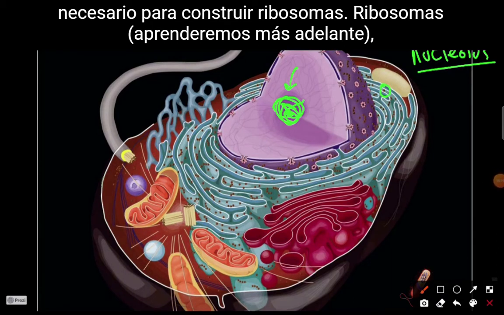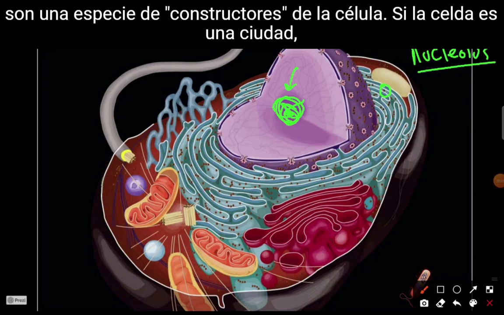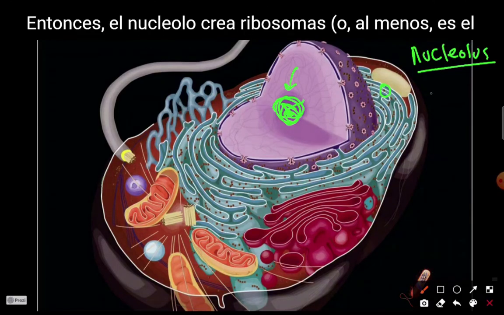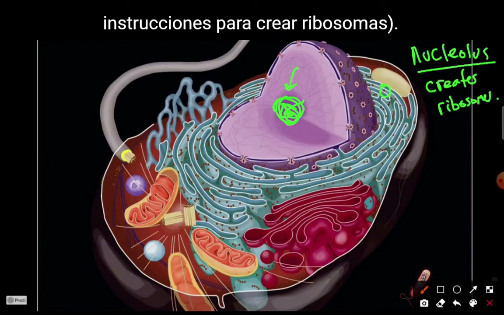Ribosomes, we'll learn about later, are sort of the builders of the cell. If the cell is a city, they are the builders. And so we'll learn about those later. So the nucleolus creates ribosomes. Or at least it is the instructions to create ribosomes.